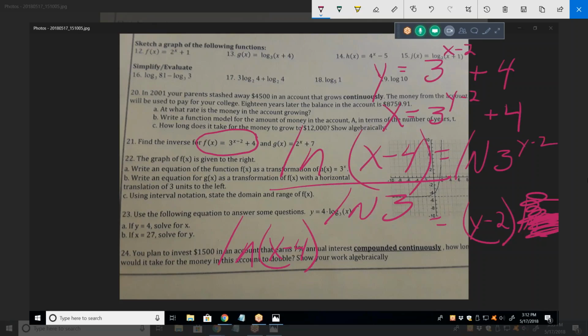You got to be a little careful about how you write it. It does not go in the numerator or the denominator, but outside. So that is f inverse of x. And I didn't really need to call it y, but most people are taught that to solve for inverse, you swap x and y.